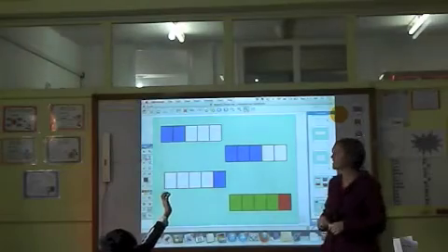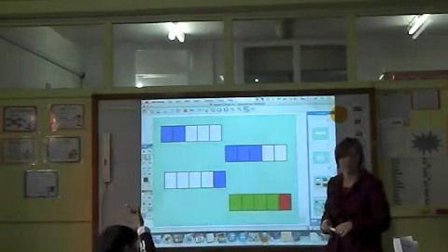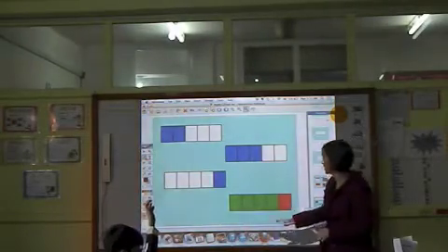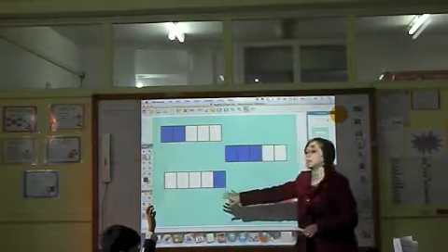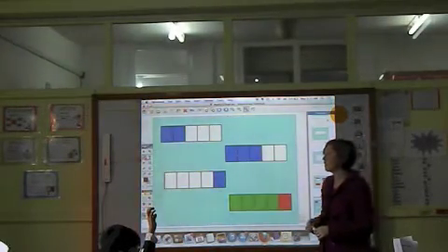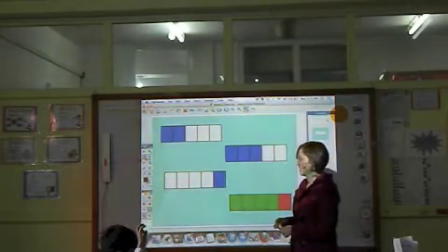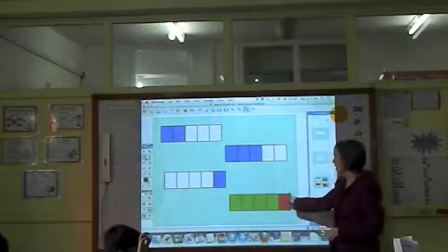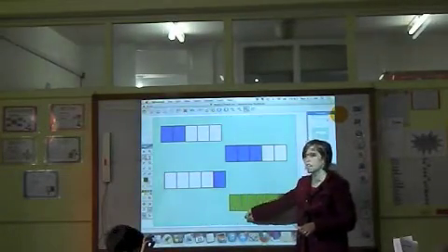What portion, Sarah, is not shaded blue? 2/5. Okay, what about this one? Ajit, what's shaded blue? 1/5. And what portion is not shaded blue, Ajit? 4/5.